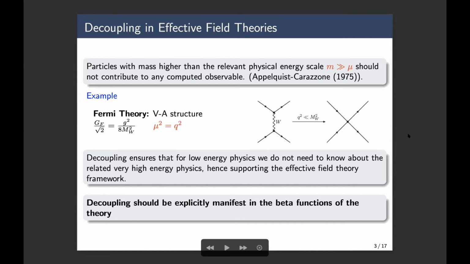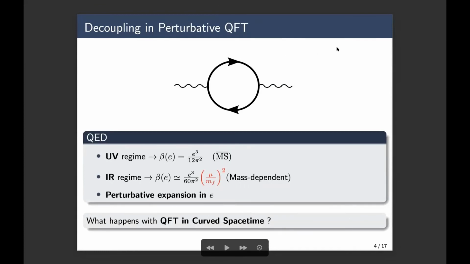Therefore, the decoupling property has to be encoded in the beta functions of the theory, because the beta functions state how our parameters run with the physical energy scale. So in perturbative quantum field theory, as Antonio already showed, we can compute the beta functions by using the renormalization prescription, and this beta function will depend on the renormalization scheme.